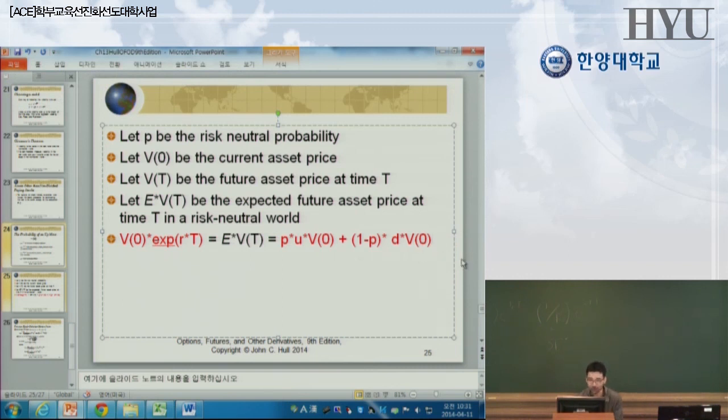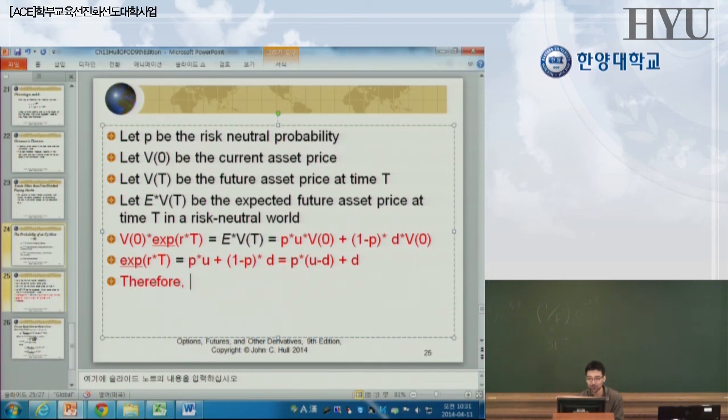So if we solve this, we have one equation and one unknown p, so we can solve for p. If we copy and paste this one and set them equal, then we have V0 everywhere, so we can cancel it out. This one is basically P multiplied by u minus d, plus d.